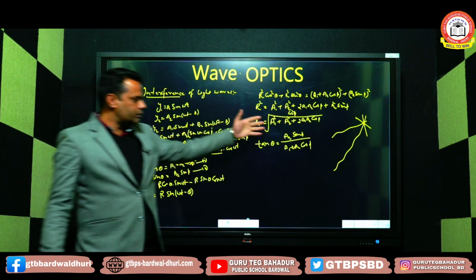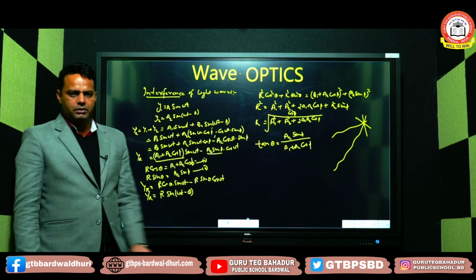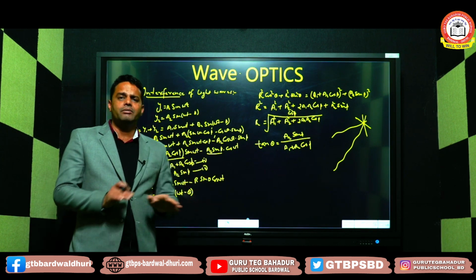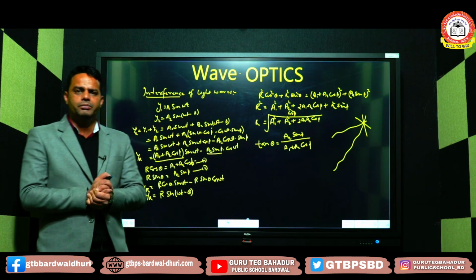So these two results we have seen already in the triangular law of vector addition, and these two displacements are added up. In our next session we will discuss these results.